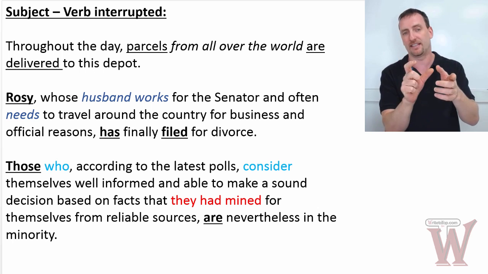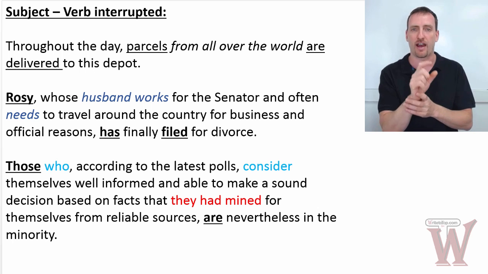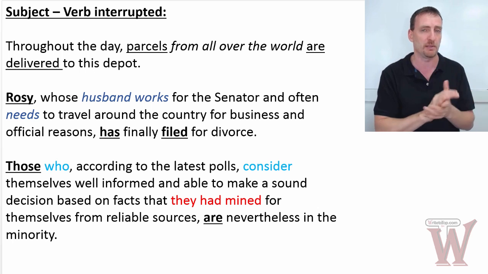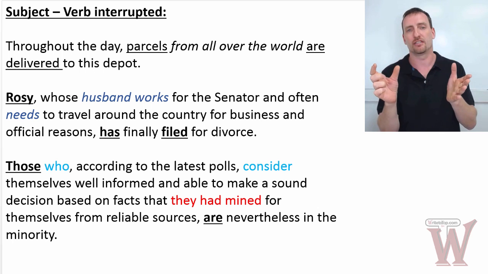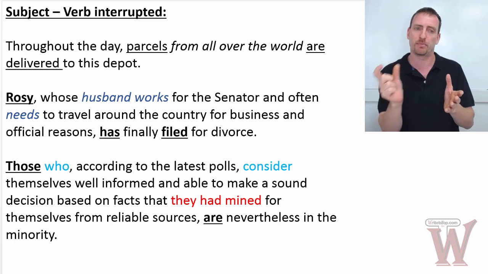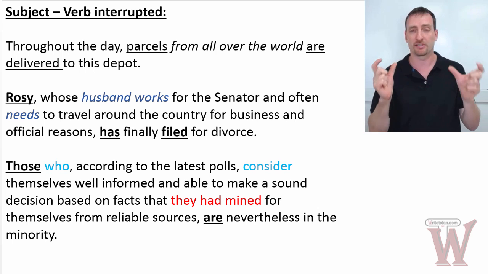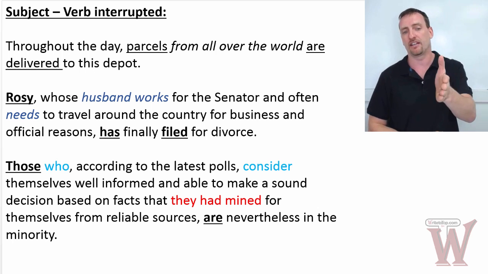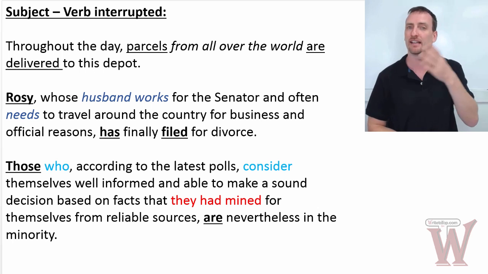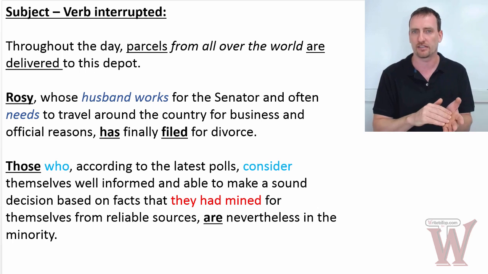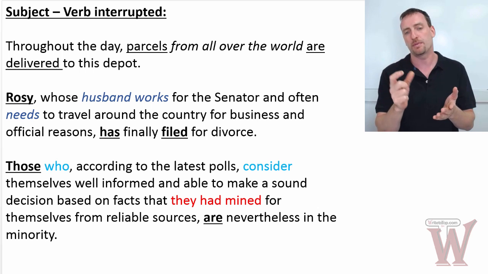Who is the adjective clause that defines which people, who are those people. Who, consider. Consider is the verb, the subject is who. You must always find the subject, you must always find the verb. And then you have on facts that they had mined, another adjective clause in the adjective clause. They, subject, had mined.